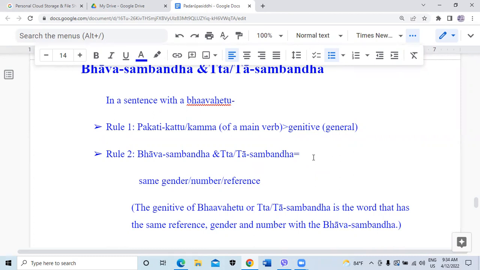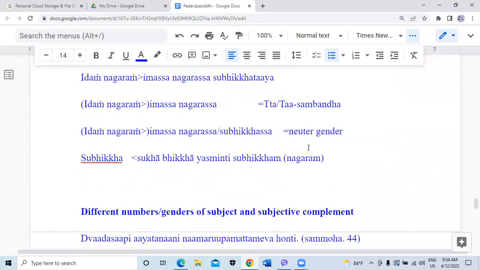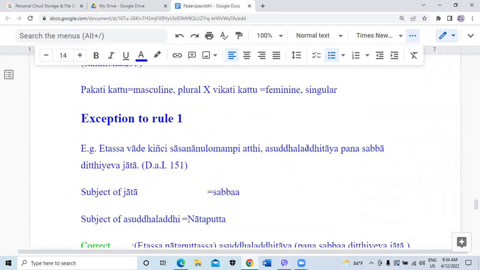You see? Because in that example, instead of using the word asukta lattitaya, the author can use some word referring to the sabba. So what I mean is that it depends on the author.